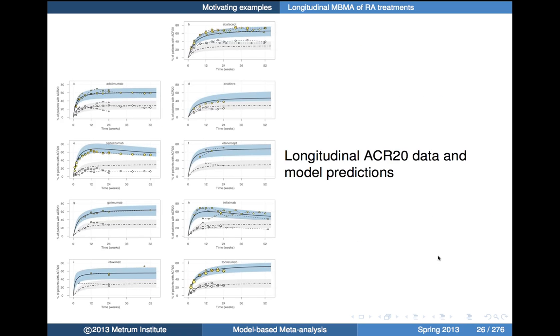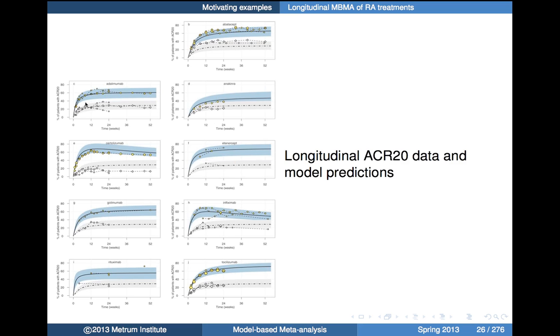Oops, jumped too far. This just illustrates their modeling results here. Those are a little bit tiny, hopefully in your handout you can see them a little more clearly. The y-axis here is the percent of patients that achieve ACR20, and the x-axis is the time in weeks, and it goes out to 54 weeks in this case, roughly a year.